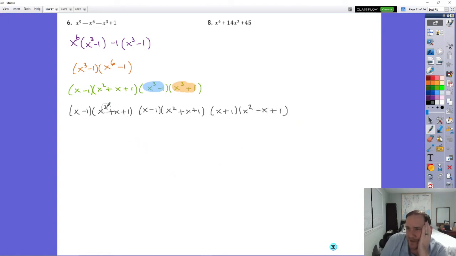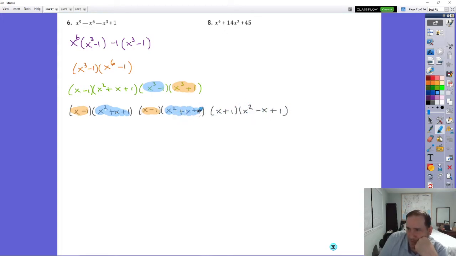Anything to collapse here? There's an x squared plus x plus 1, so those are the same. So those can be collapsed and expressed using an exponent. These can be collapsed and expressed using an exponent.